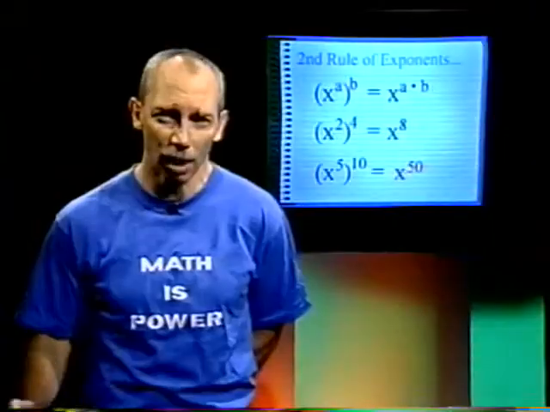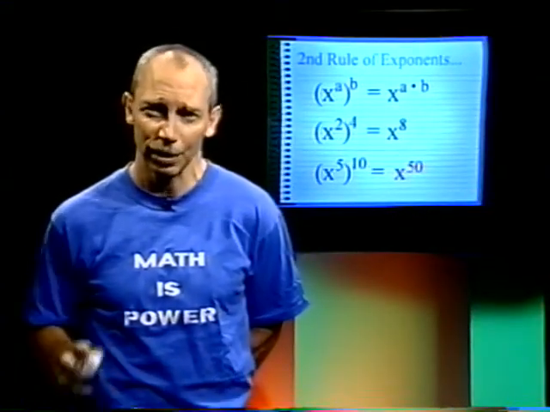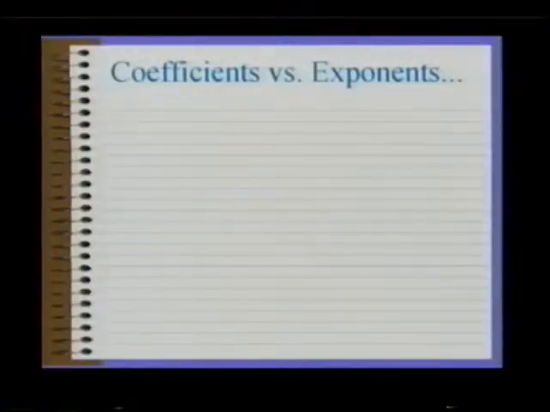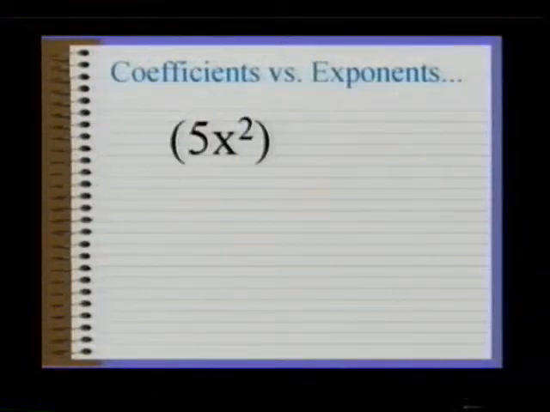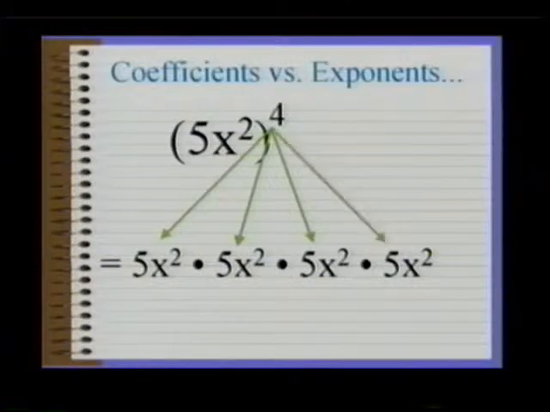Now this is a rule of exponents, not of regular numbers, only of exponents. There was a tricky part to that. If we look at this next example, numbers or coefficients don't follow that rule. In this example, 5x to the 2nd to the 4th power, while we are going to write out 5x to the 2nd 4 times, will it follow the rule? There's our 4 times. Well, the x part of this is going to follow that second rule.